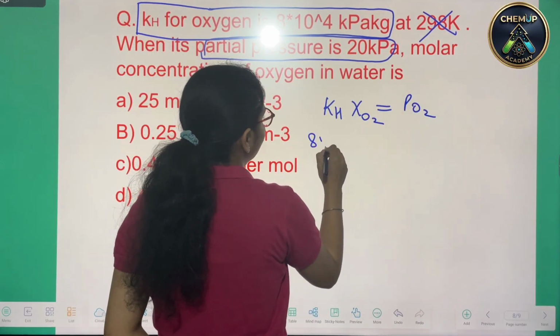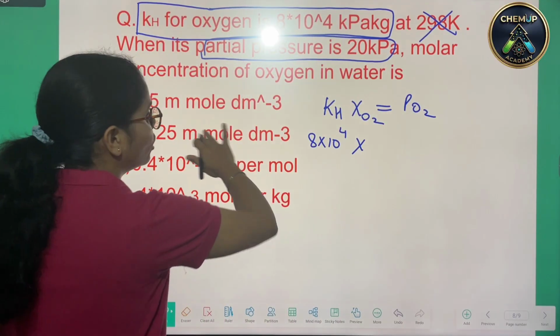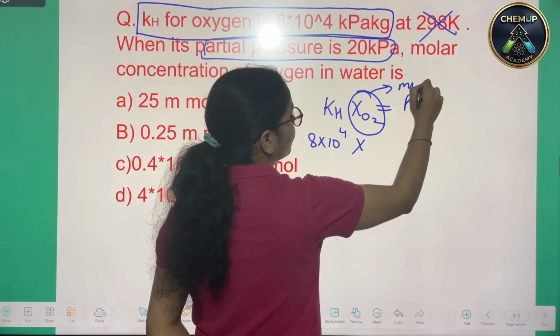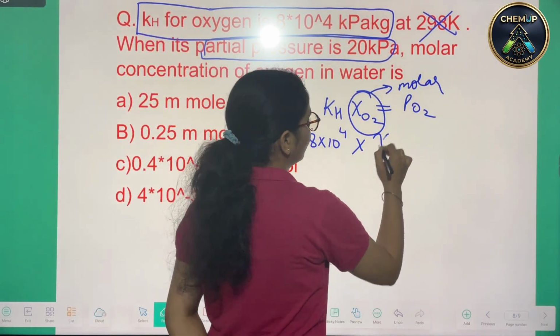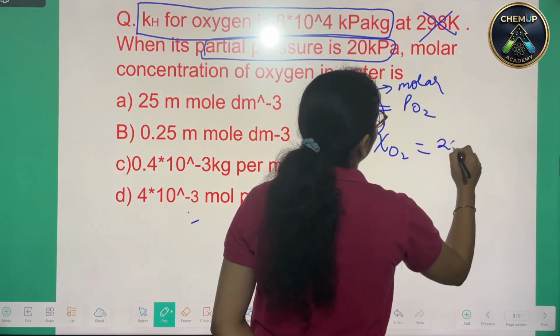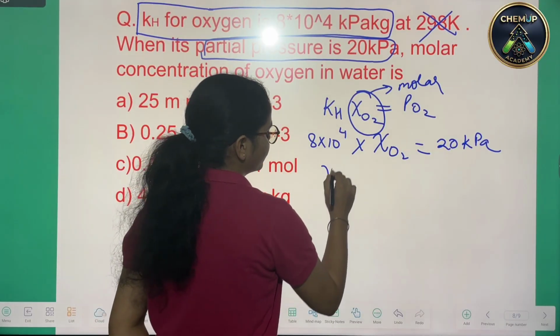That means 8 10 to the power 4 we have into they're asking the molar concentration. Molar concentration तो यही होगी, यही होती है आपकी molar concentration. ठीक है, तो molar concentration इसी को रहने देते हैं like XO2 and we have the partial pressure is 20 kPa. So let's cut down whatever is there.